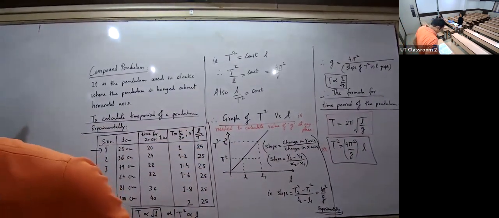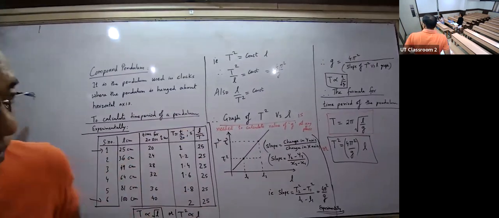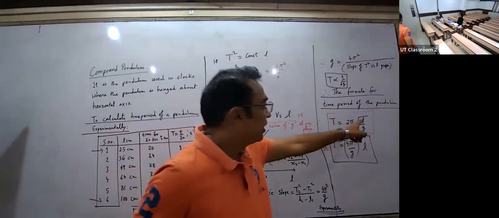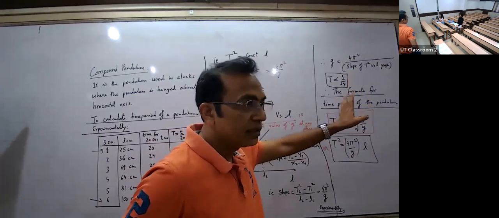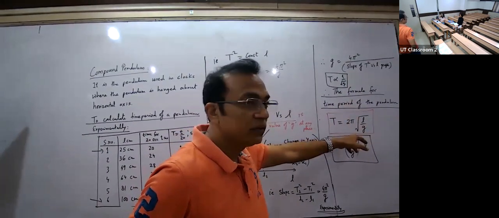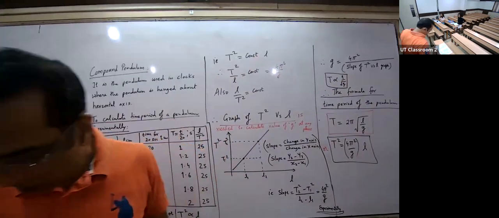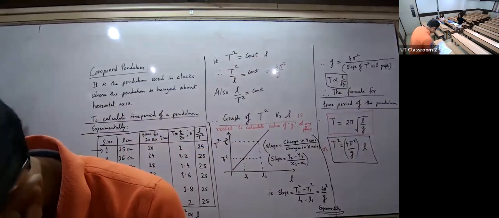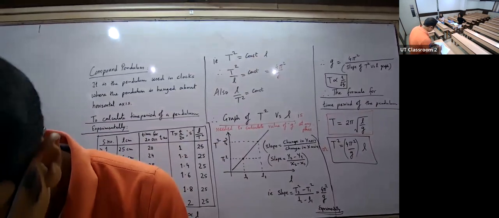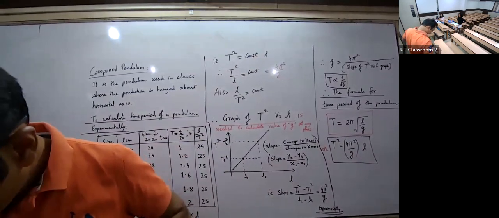So now, factors affecting the time period of a simple pendulum. Only two factors affect the time period: length and gravity. Length directly as a square root, gravity inversely as a square root. So this is mentioned as the first and second point.